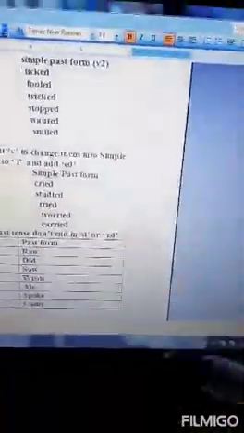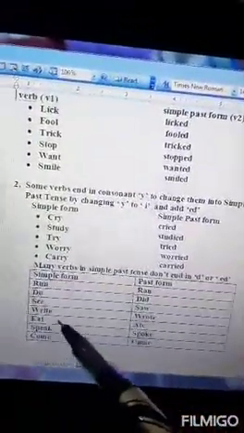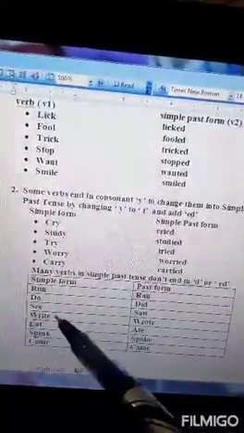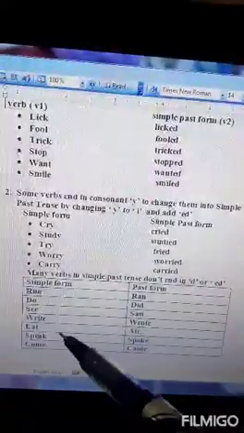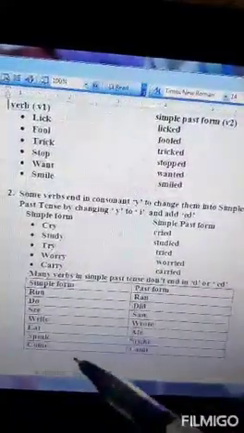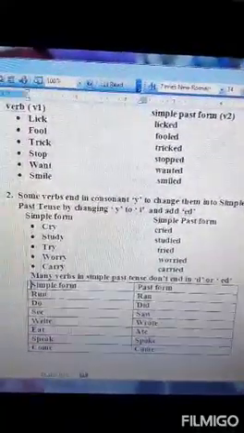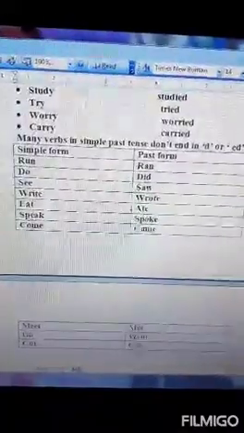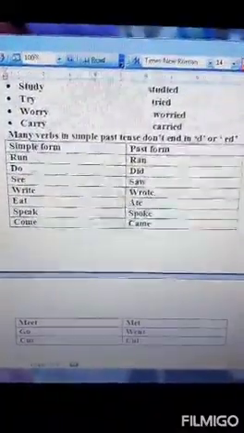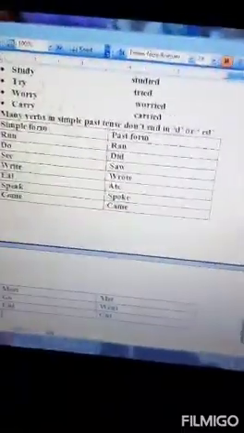So they are irregular verbs like run, ran, do, did, see, saw, write, wrote, eat, ate, speak, spoke, come, came, meet, met, go, went, cut, cut, and so on.